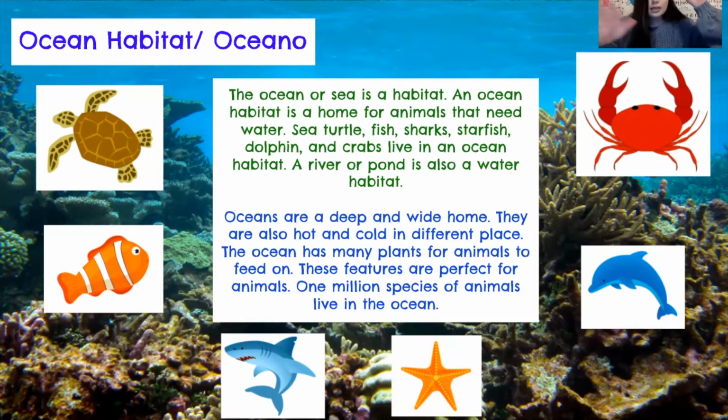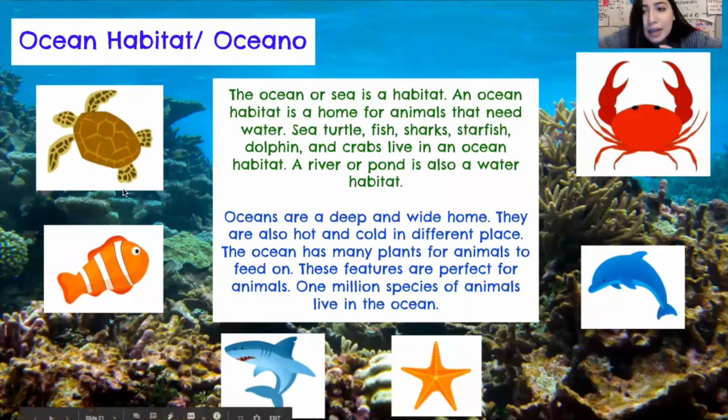And before I tell you any new information, I want you to look at all the animals that live in this habitat. I see here an animal, and here an animal, and a different animal here, and another one here, and another one here, and right here, that's 1, 2, 3, 4, 5, 6 animals that I see that live in an ocean habitat. And an ocean habitat is such a special habitat.